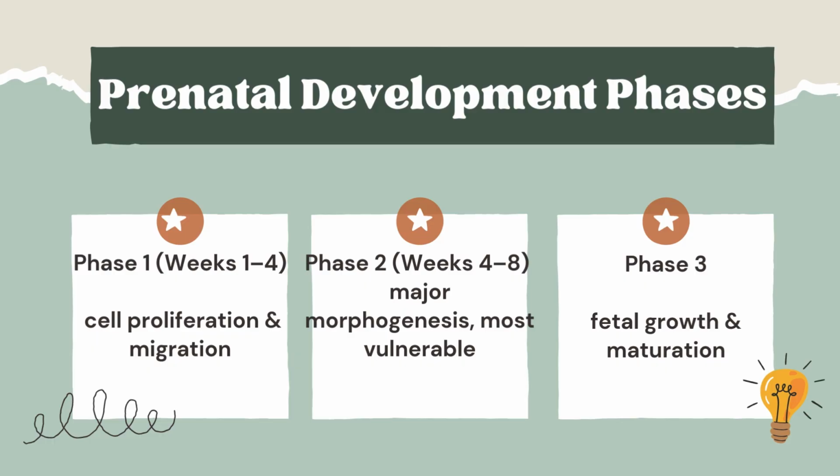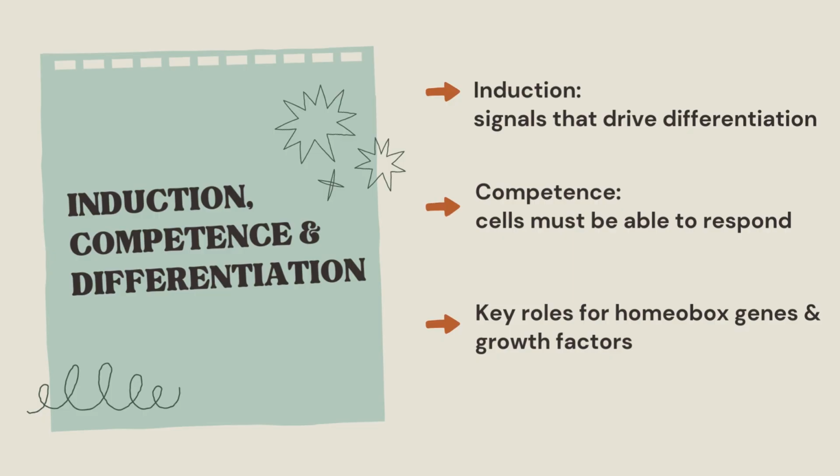A key principle in development is pattern formation. How cells decide what to become and where to go. This is guided by 3 interconnected processes: induction, competence, and differentiation. Induction refers to the signals or cues that tell a group of cells to change their fate.